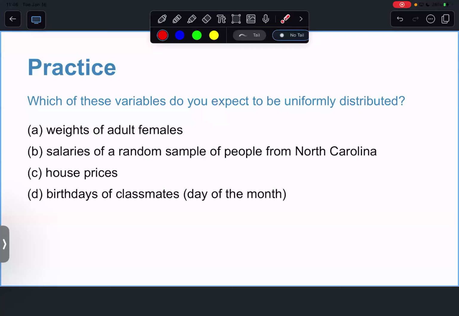Kind of a phenomenon is that things like weights and heights and speeds and just measurements that we make are usually normally distributed. So I would expect a normal distribution.